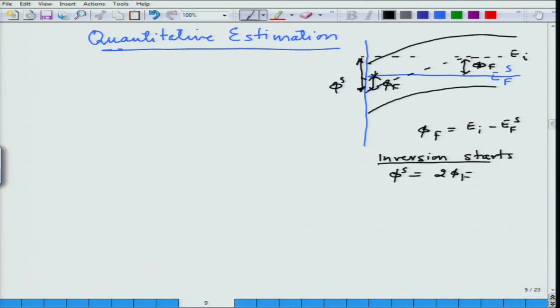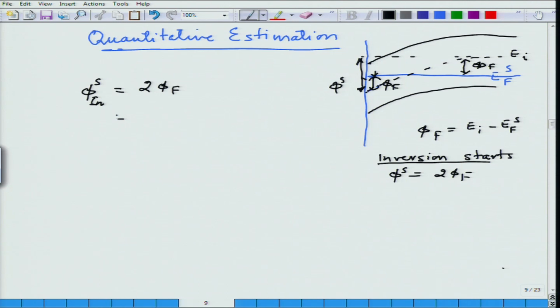So, what is this phi of s? Phi of s, at the inversion condition, we are calculating the threshold voltage when the inversion starts, is going to be equal to 2 of phi of f.